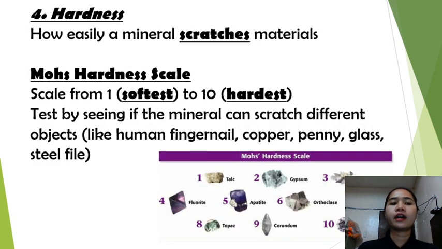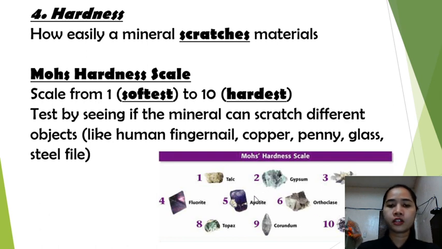Next, hardness. We have what is called the Mohs hardness scale, from scale 1, which is the softest, to scale 10, which is the hardest.